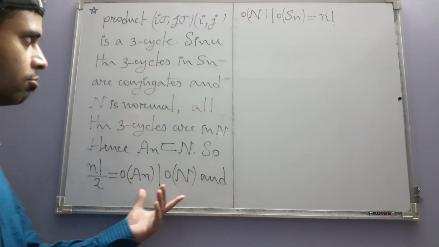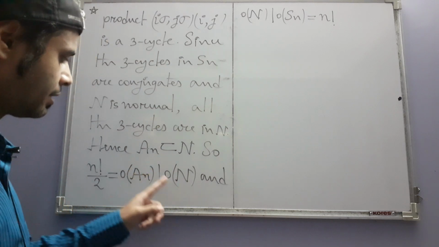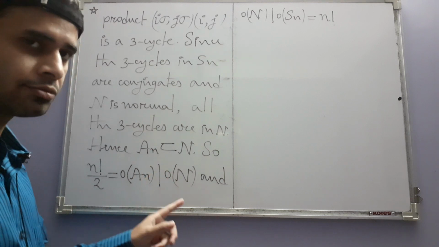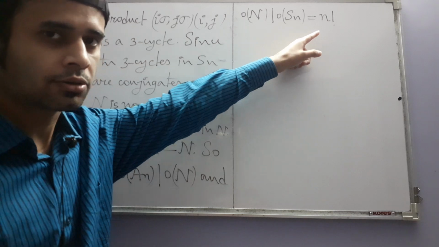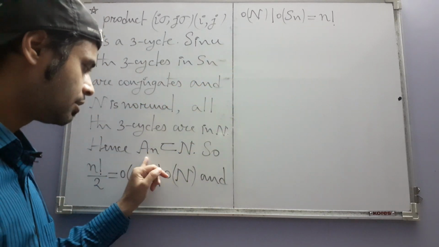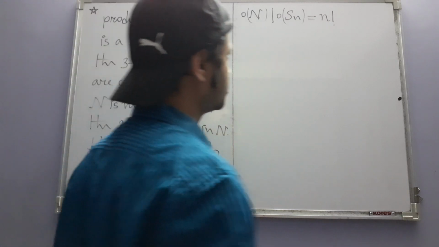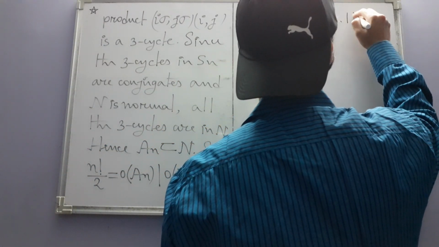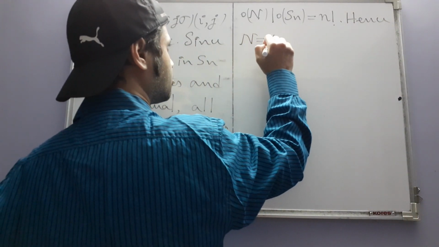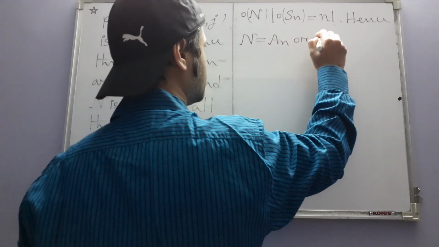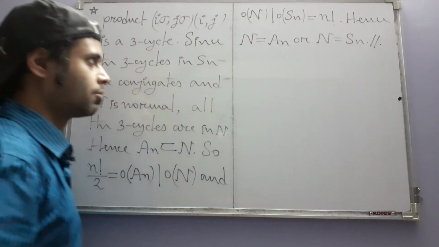And because of these two divisibility relations, there are only two choices. Either N has to have order equal to this or equal to this, and accordingly N either should be equal to A_n or it should be equal to S_n. So that completes the solution. Hence N is equal to A_n or N is equal to S_n. So this completes the solution.